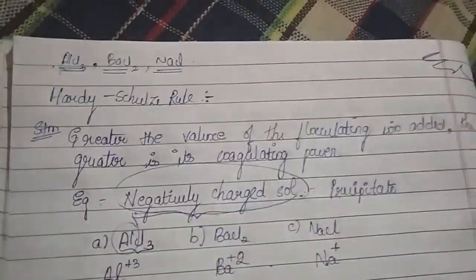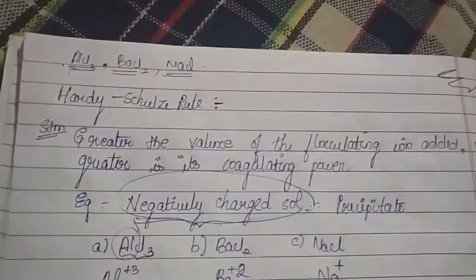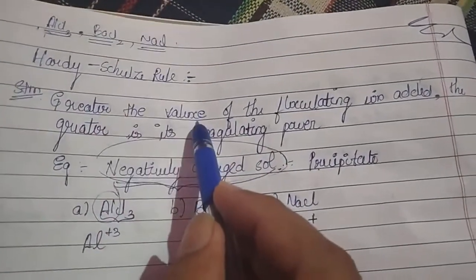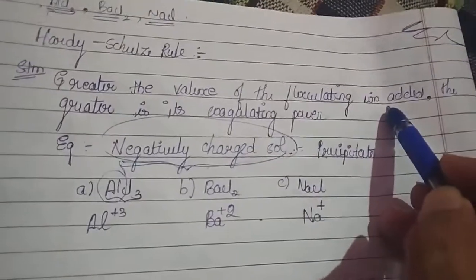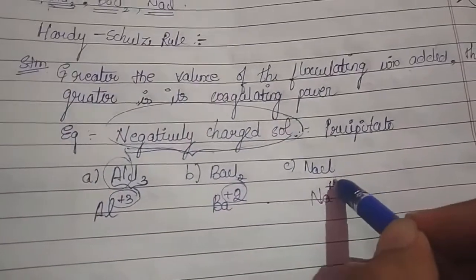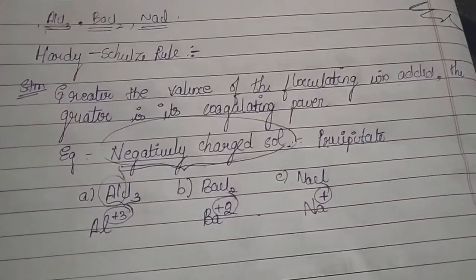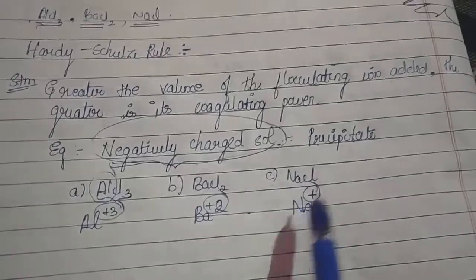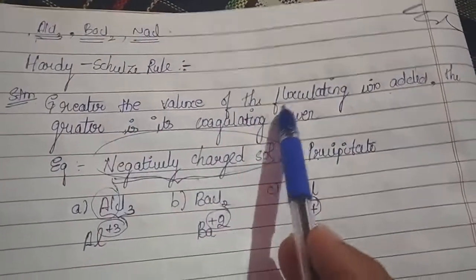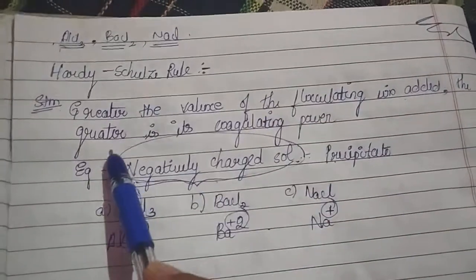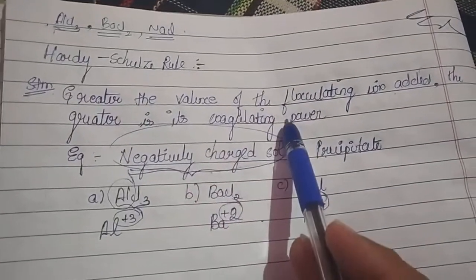So now just look at our statement of the Hardy-Schulze rule. Greater the valence of the flocculating ion, valence being what we write at the top corner of the atoms or ions. So that is the valence of the flocculating ion. So greater the valence of the flocculating ion added, the greater is its coagulating power.